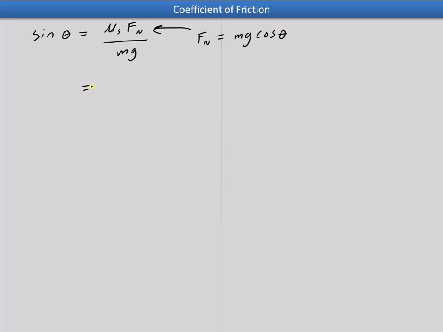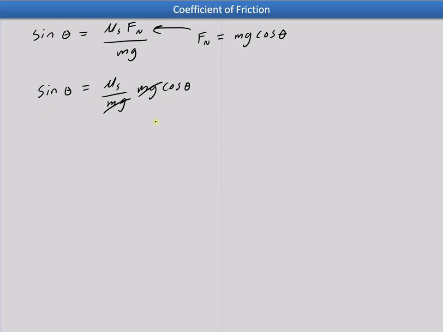So plugging that in, we've got sine theta is equal to mu s on mg times cosine theta. M and g cancel out. So it looks like the mass of the block is not going to show up in our answer. In fact, that's true. It doesn't matter how massive the block is. All that really matters is the coefficient of static friction and how much we've tilted our ramp.